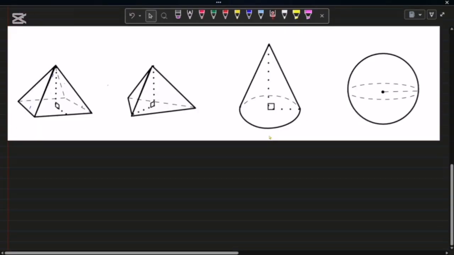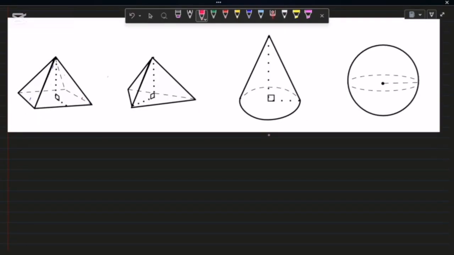The first one. We can see that the base is a square, I think. It looks like a square. Since the base is a square, let's say this one is side, and then this guy will be side, that one will be side, and there'll be side as well. So the area of a square will be side times side, which will be side squared.